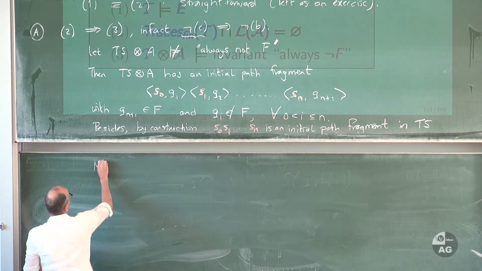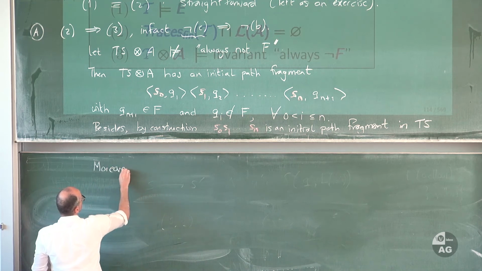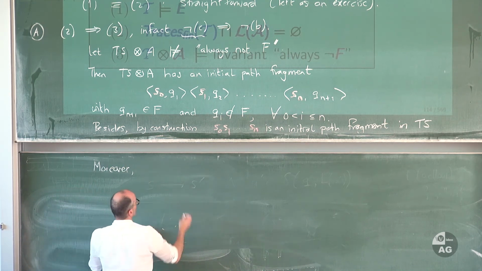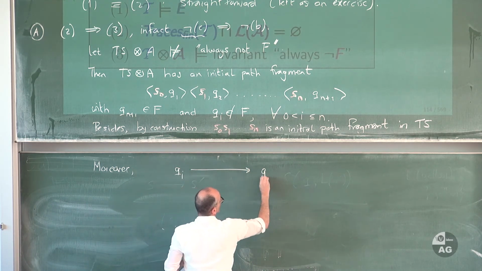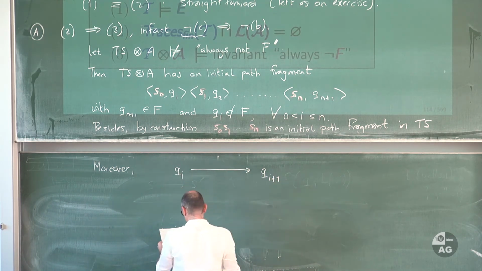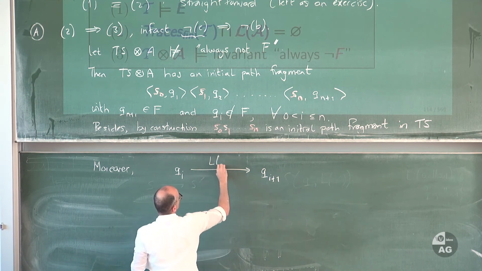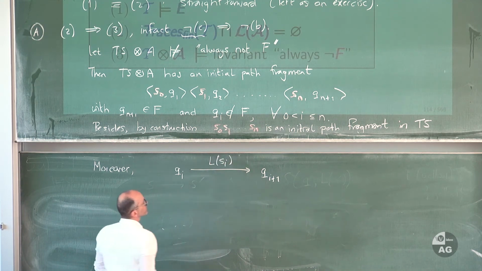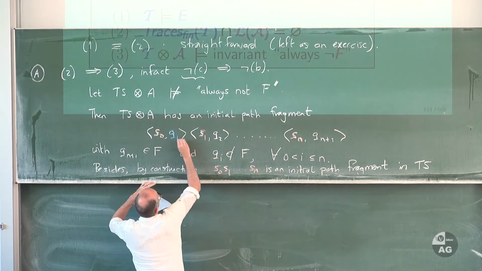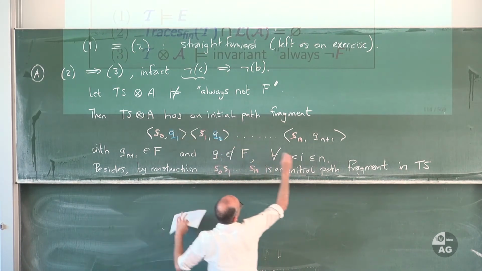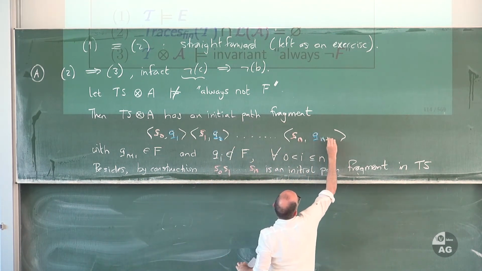So moreover, we have that Qi can move to Qi plus 1 by the label set of Si. So now what I do here is I concentrate on these components, q1, q2, qn plus 1.